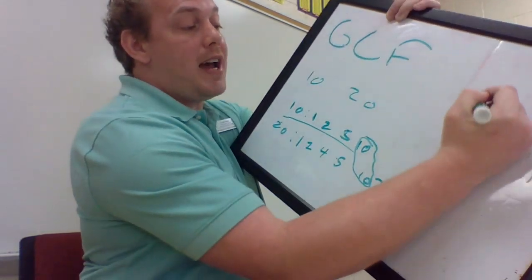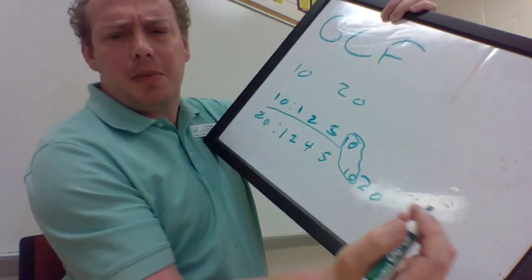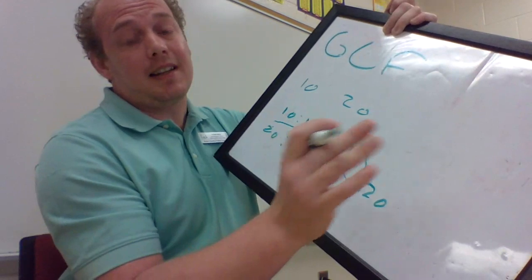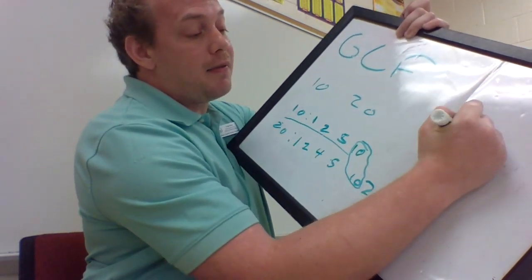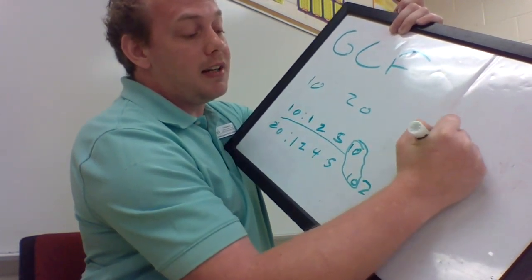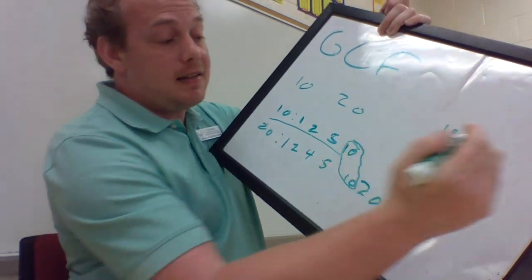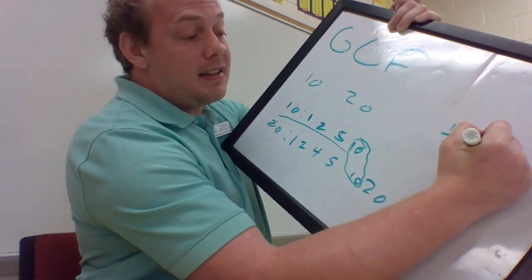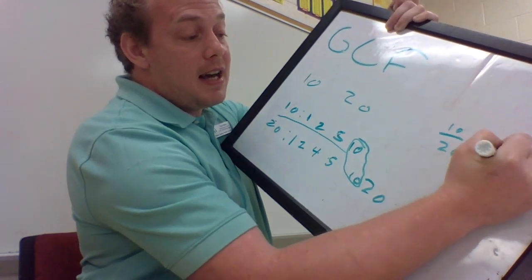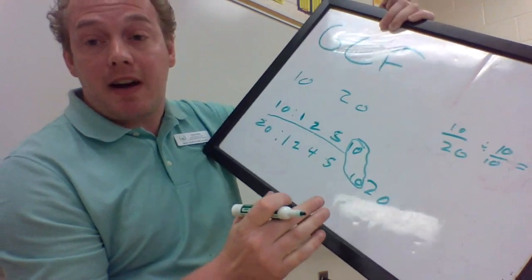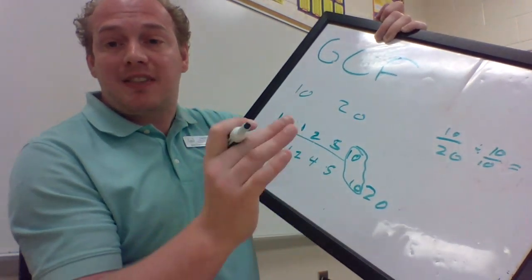And how's that going to be useful? Well, in ways that you'll see later. But if you had the fraction 10 over 20, and you know the greatest common factor is 10, you can divide the top by 10 and the bottom by 10, and that's going to simplify your fraction to its simplest form.